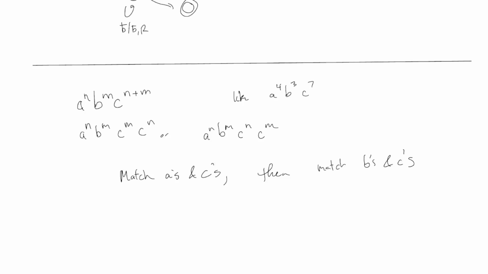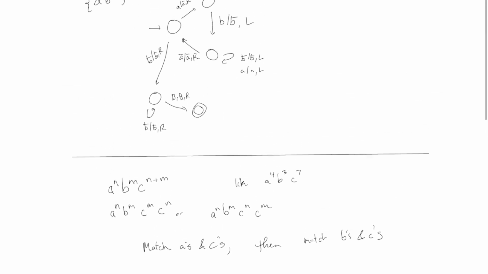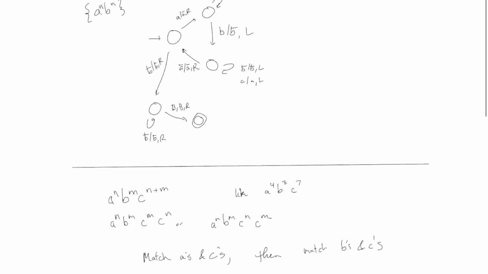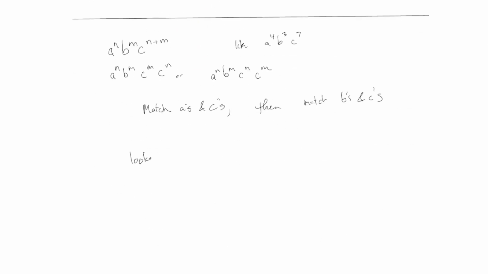As far as the shape of the diagram, it's going to be like this one, which is just matching A's and B's. But it's like you go through this loop once, which matches up all the A's and the C's, and then you transition and do a thing like that again. So the basic structure is, I have one thing which does one of these, and this part is when I do A's and C's.